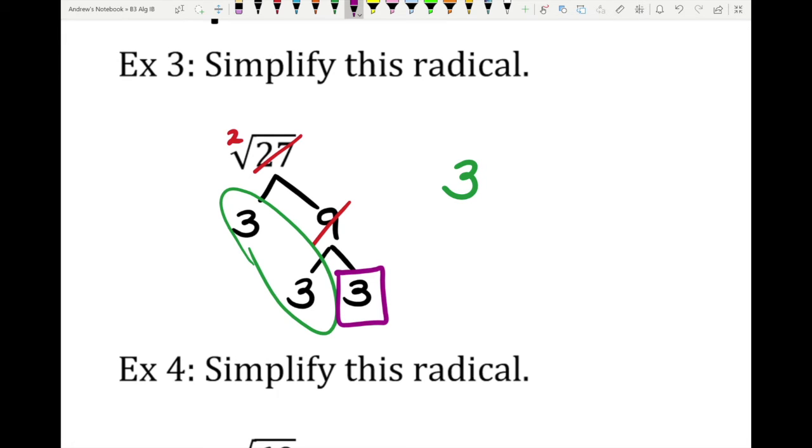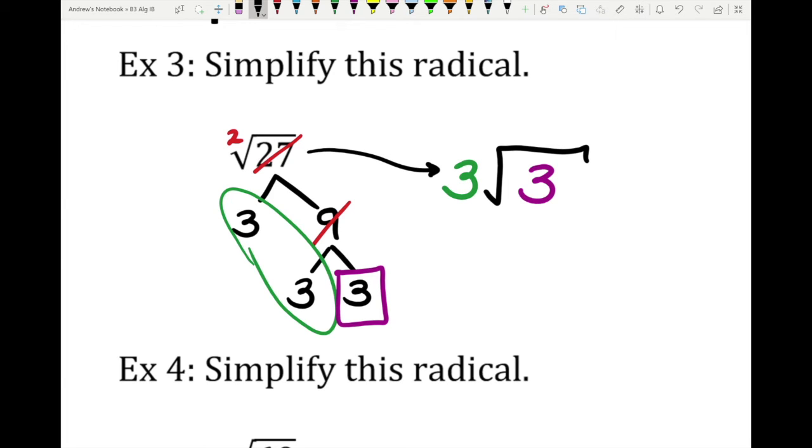Whenever you have a factor that's left over, it gets left on the inside of the radical. So the square root of 27 is actually the same thing as 3 square roots of 3. So we turned this from that into there.